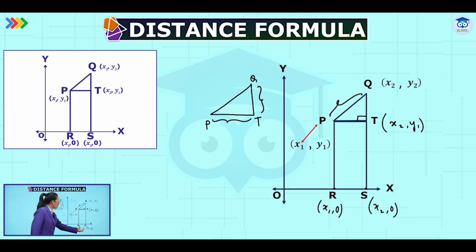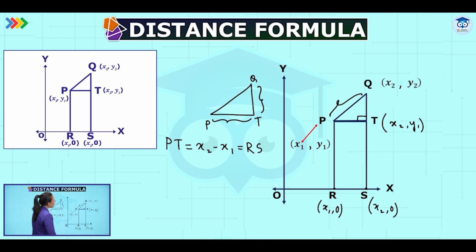So it's okay if we find the value of RS or SR. We are talking about the distance. So when we calculate this, we have x2 minus x1. So PT will be x2 minus x1, because it is equal to RS.